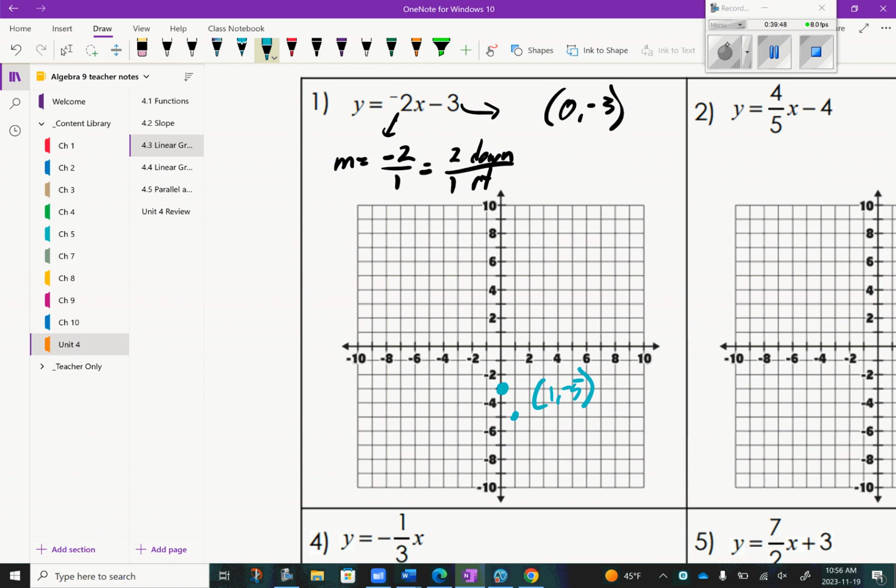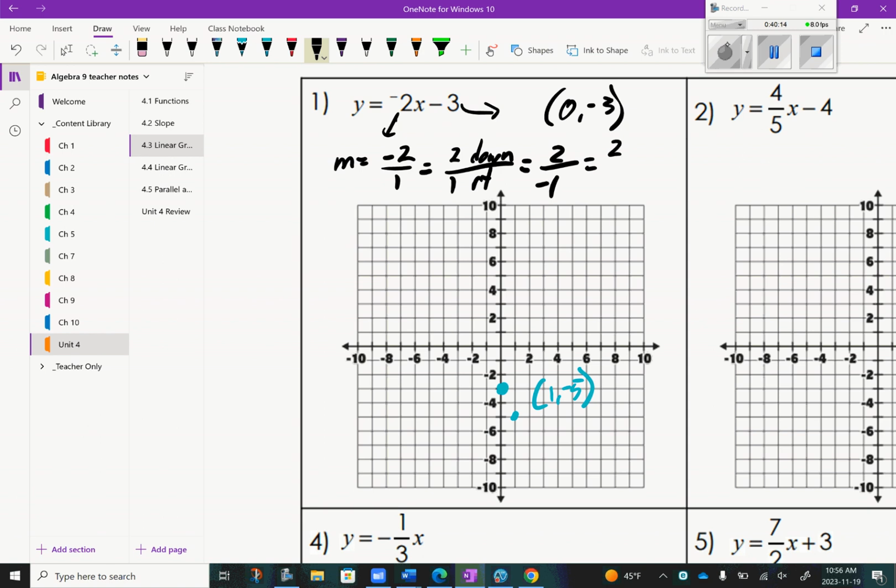Again, I was at negative 3. I went down 2 more, so the y coordinate is negative 5. And then I want one space to the right, so the x coordinate becomes positive 1. But I could also go the other way. If the slope is negative 2 over 1, it's the same exact number as 2 over negative 1.